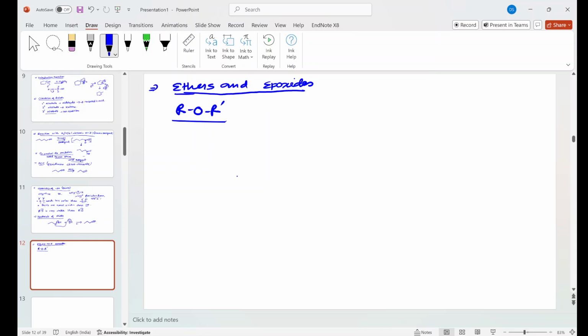So let's say for this one, CH3-O-CH3, this bond is almost the same for the sp3 case, and this is symmetric, whereas this is asymmetric.